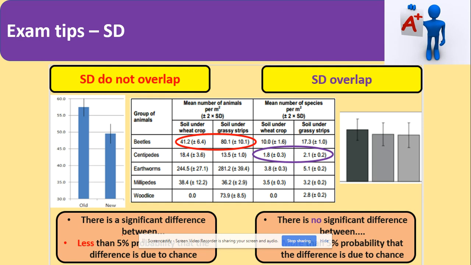So there is less than 5% probability that the results are due to chance, or the difference is due to chance. But when the standard deviation overlap, as we can see here or in the table, there is no significant difference between the values, between the things that you are comparing, and there is more than 5% probability that the difference is due to chance.